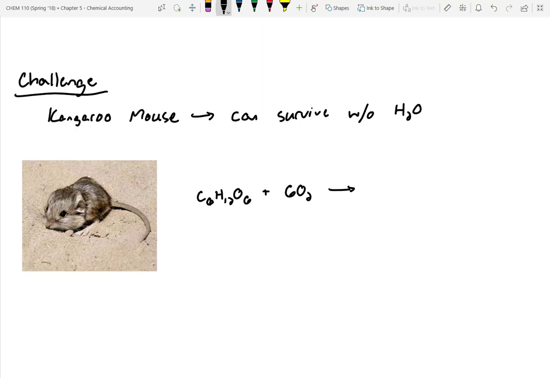So you metabolize using aerobic oxygen, and then you generate 6 carbon dioxides, and you get 6 water molecules out. So really they're just using glucose as a way to generate this water that they need for survival.